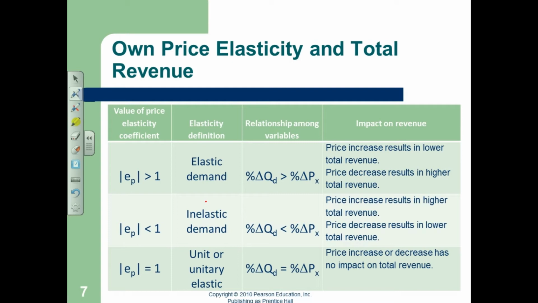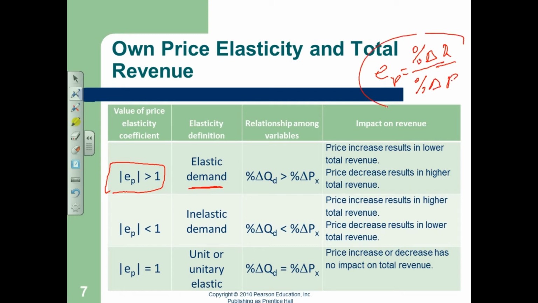This table will show the impact on the revenue when the demand is elastic and when the demand is inelastic and unitary elastic. So we start with this case where the absolute value of elasticity is greater than 1. That means demand is elastic. When the demand is elastic, recall that the elasticity is percentage change in Q over percentage change in price, right?